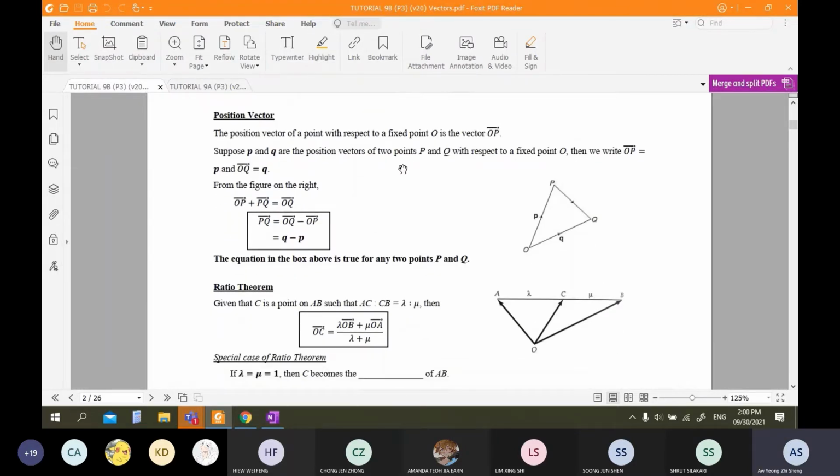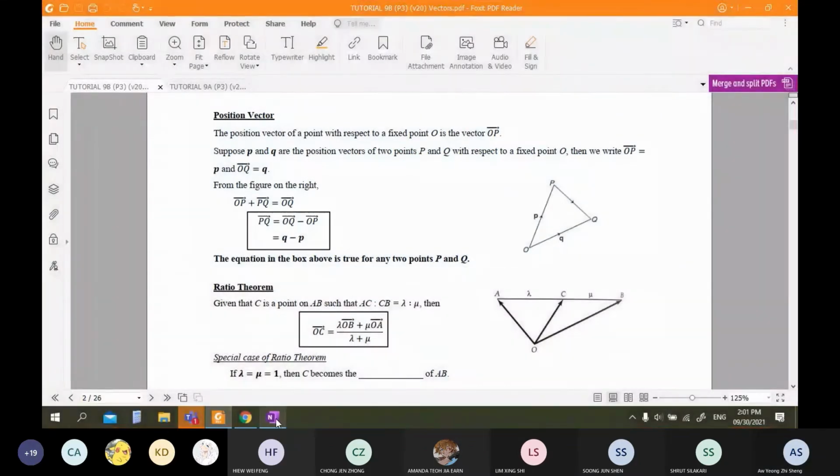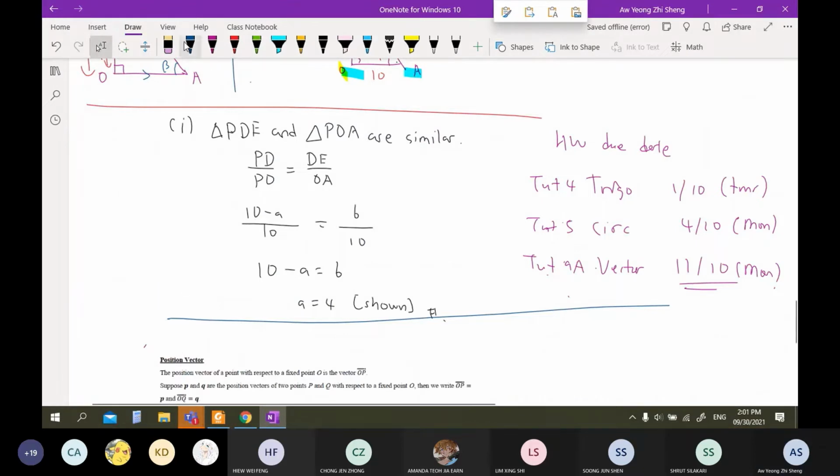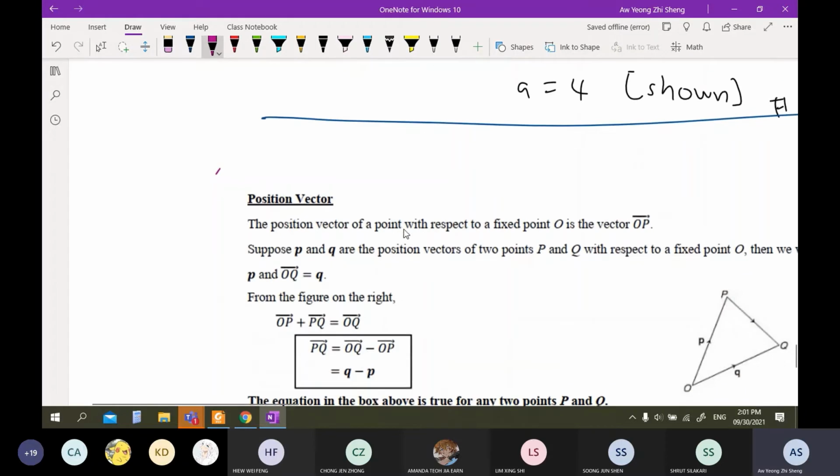Next, on position vector. Position vector by default is the vector directed from origin O to that point. I think I should mention the word P here. The position vector of a point P, please add in the P here, I think the P is missing, with respect to a fixed point O is a vector OP.